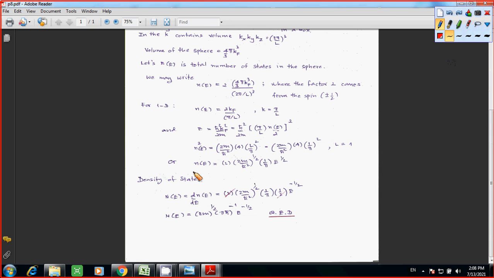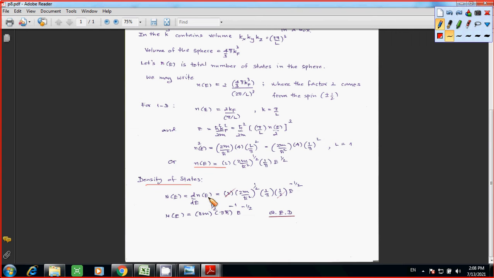And finally, you have the total number of states in the sphere equal to this expression, and the density of states g(E) is defined as the differential of the number of states with respect to the energy.